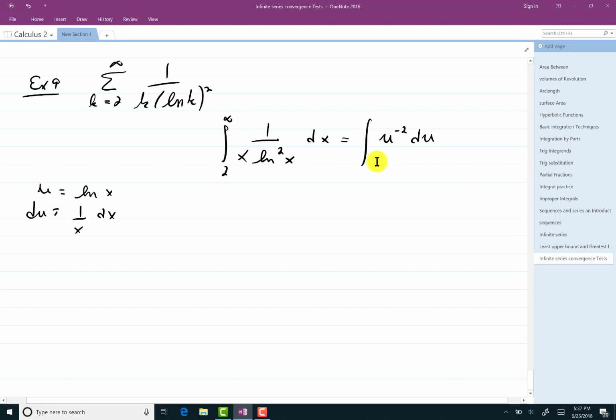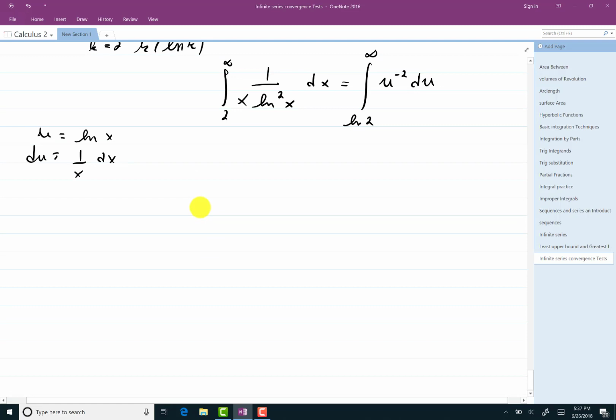Let me plug in my numbers then. When x equals 2, u will be ln of 2. And then as x goes to infinity, ln of x, as we know by now, does go to infinity as well. So I'll end up with negative 1 over u from ln 2 to infinity. Well, as u goes to infinity, this piece goes to 0.